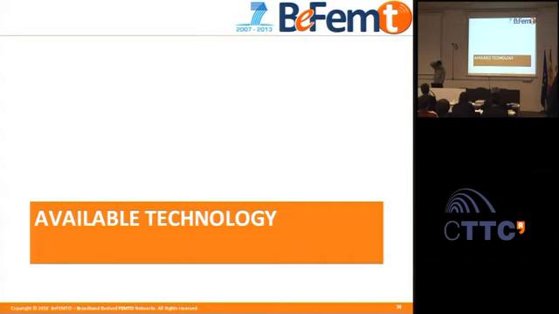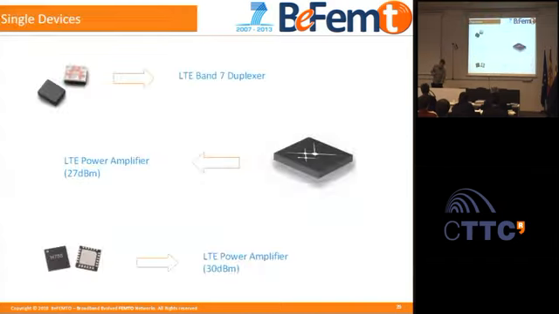Finally, we can take a look at the available technology for developing this part. For example, these are single devices, and you can see they are very small. This is a duplexer, I think for LTE, at 2.5 to 2.6 GHz, band 7, I guess.